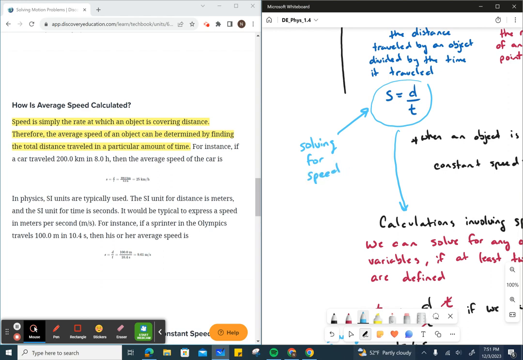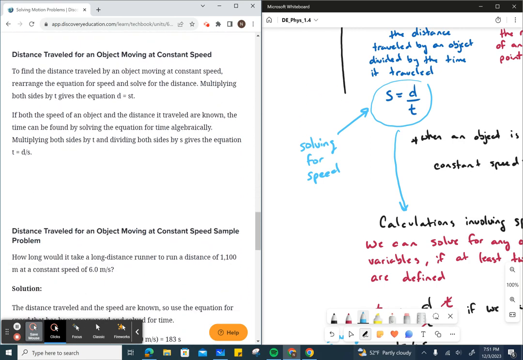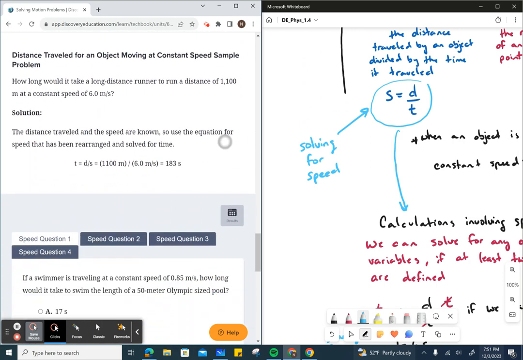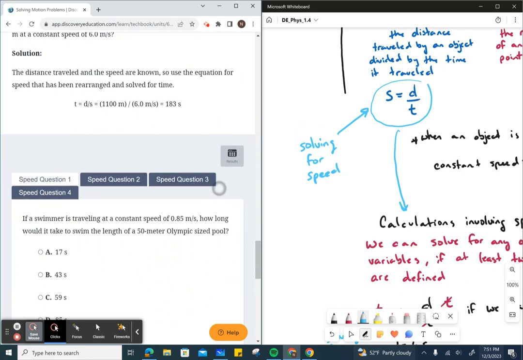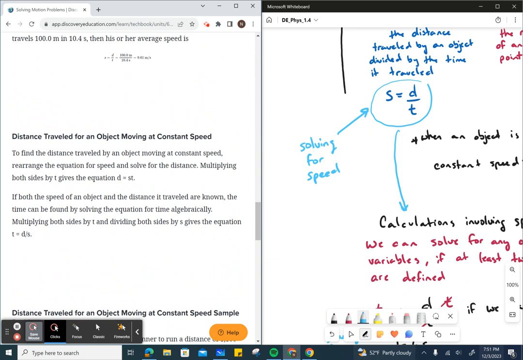So make sure you remember that formula, speed equals distance divided by time. That's going to be really helpful for you in working out your problems. And they kind of just go through here and show you some sample problems and how to do the rearranging of formulas. All right, well, that was short and sweet. I hope that worked out well for you.